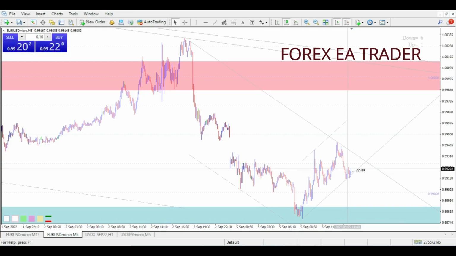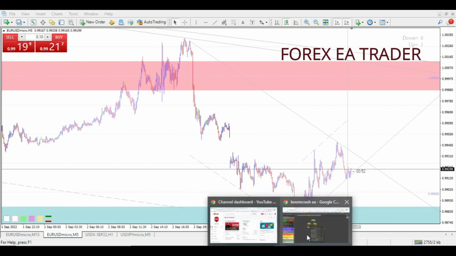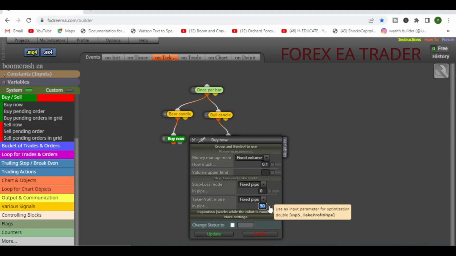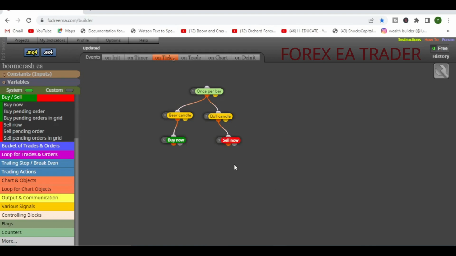So maybe you might want to put a take profit. You can always change it on the MetaTrader 4 side without coming back to FX Dreamer. So maybe let's say 100 pips. If the trades touch 100 pips, you just close them and take some money off the table.